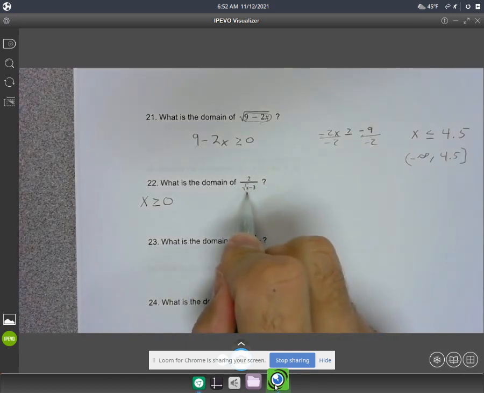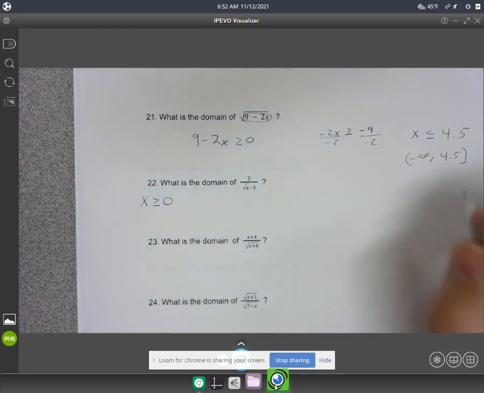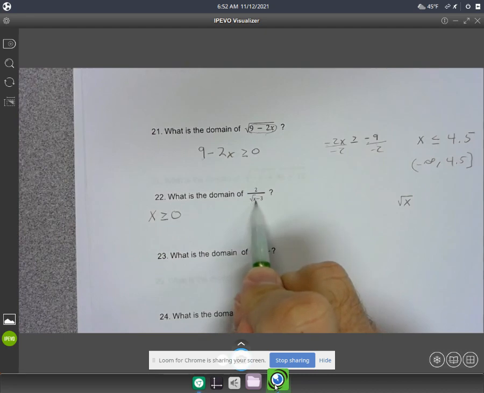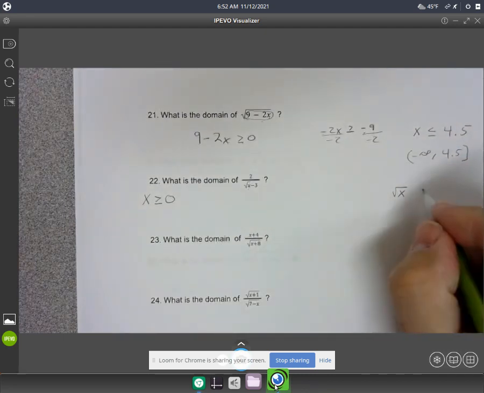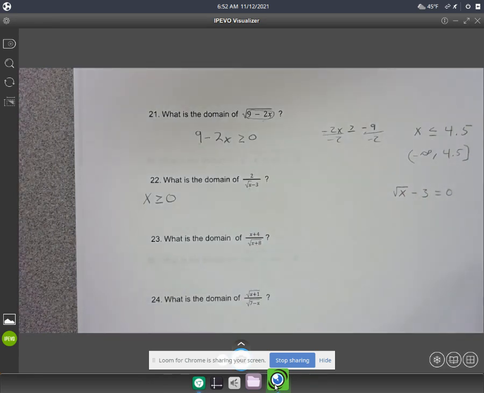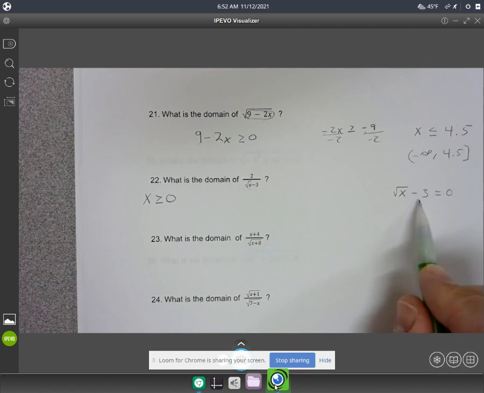All right. So if we want to figure out what that is, like if you actually want to figure it out algebraically, you might be able to tell what number to avoid already. But, you do square root of x minus 3, and you set this equal to 0. This is going to tell you the one number that x cannot equal.